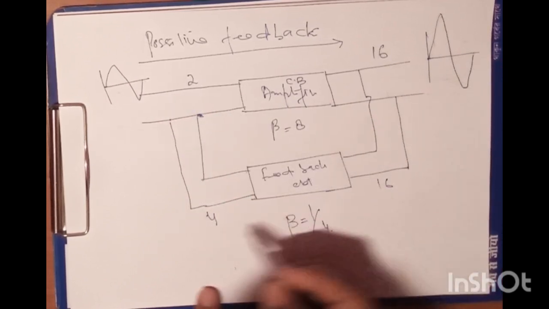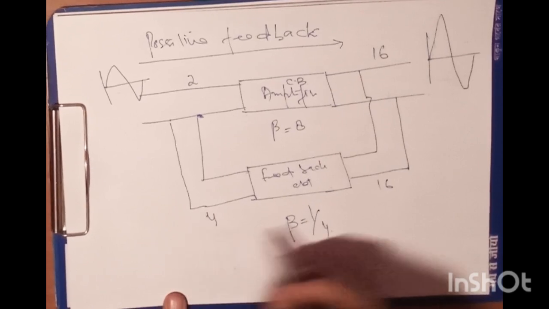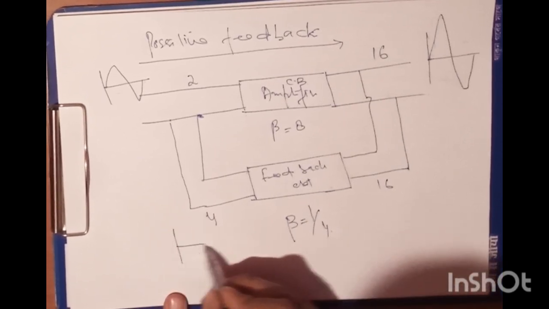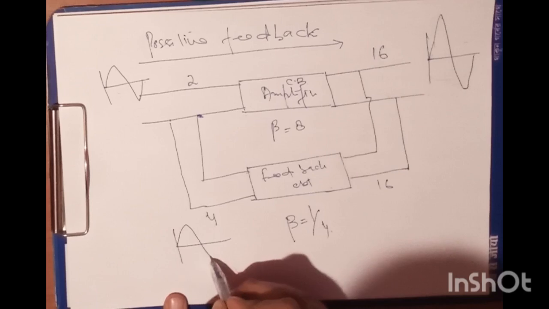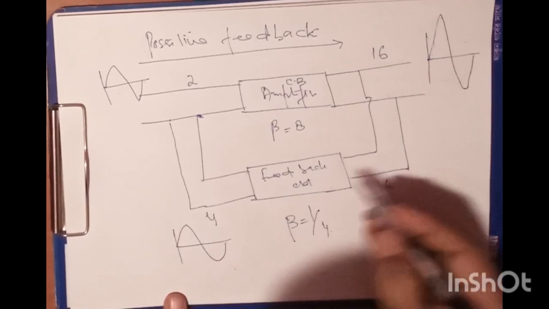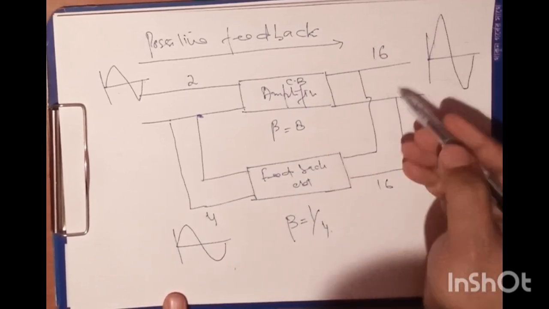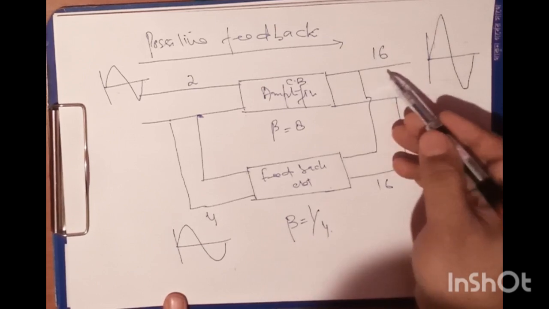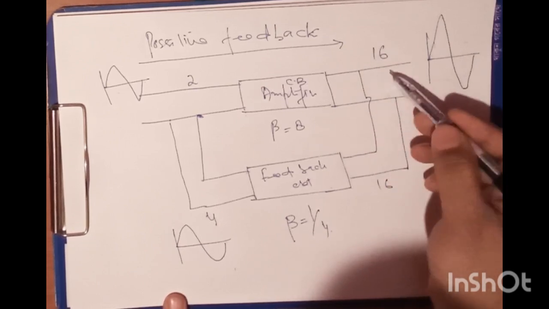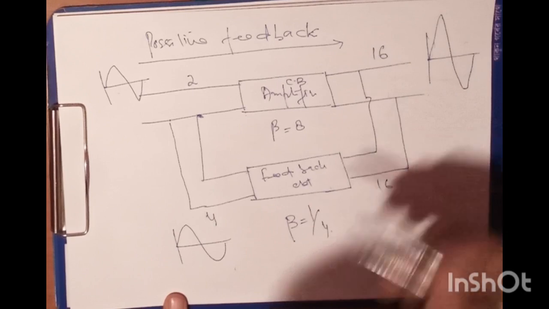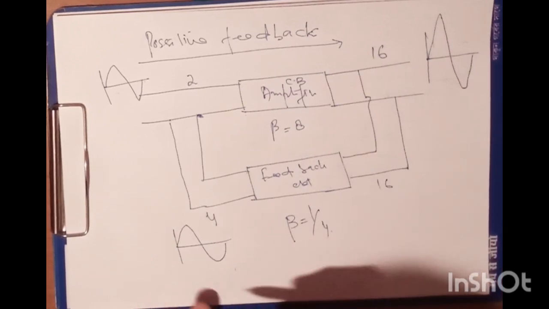So here we'll have a signal whose magnitude will be 1/4 of the magnitude we obtained at the output of this amplifier.